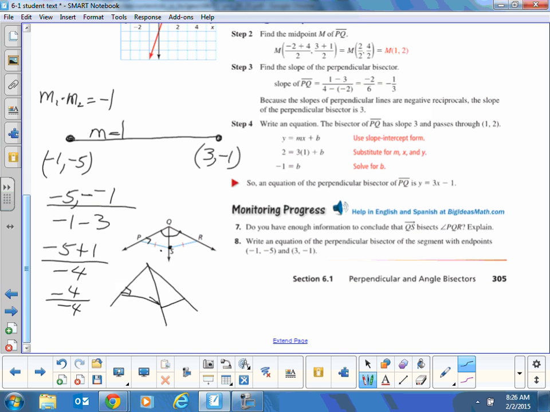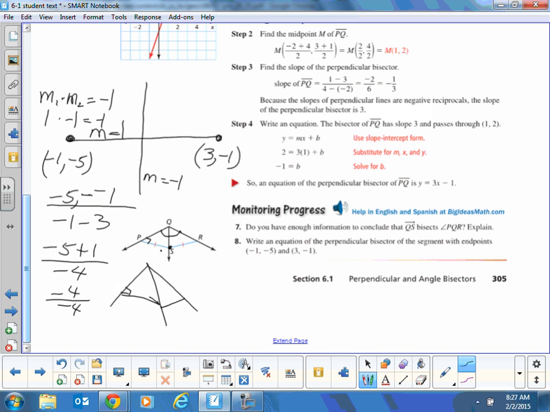Remember that? So the slope of the perpendicular line must be -1, to be multiplied by this and get -1 for a result. 1 times -1 equals -1. So we know the slope of the perpendicular line.